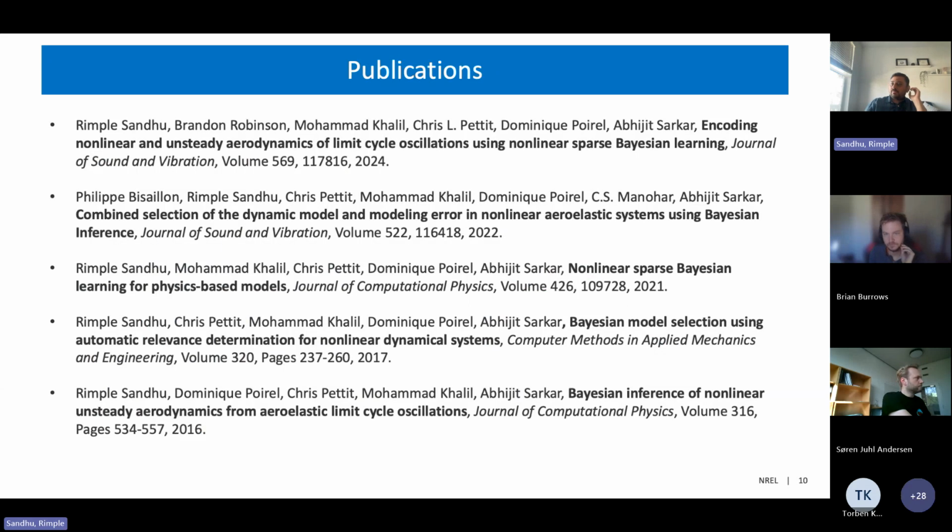So with that, I'll just mention that in my PhD, I tried to basically perfect this whole process, starting from parameter estimation to model selection. Then I moved to sparse learning. And in the later part of my PhD, I tried to deal with the issue of overfitting.